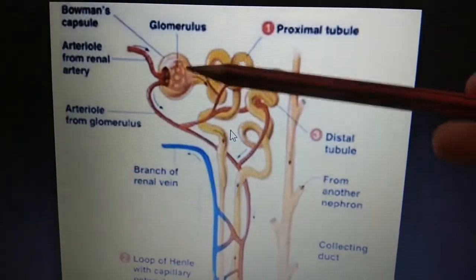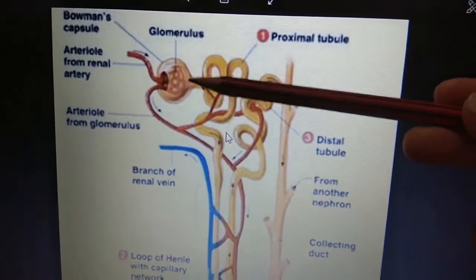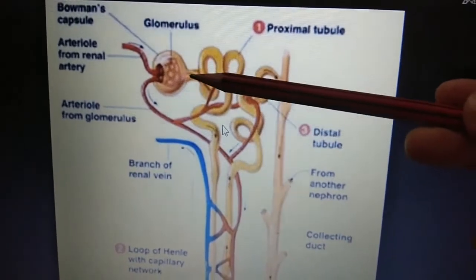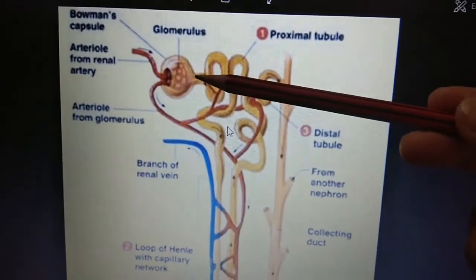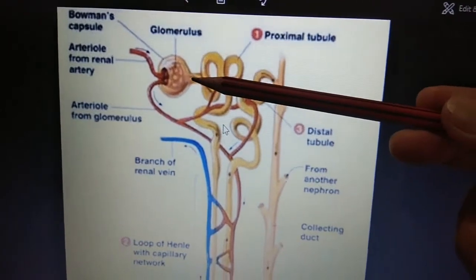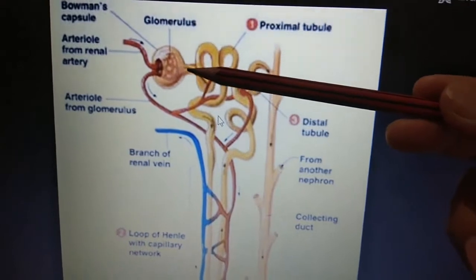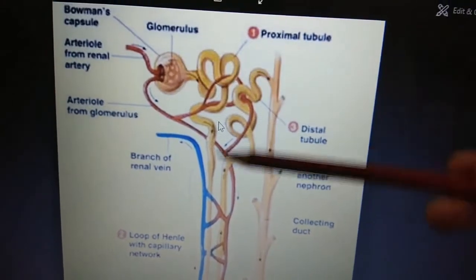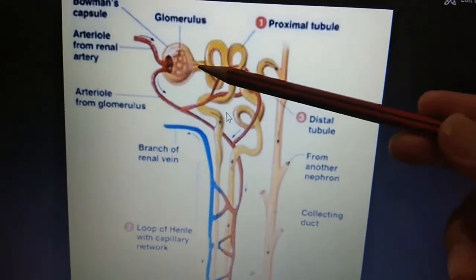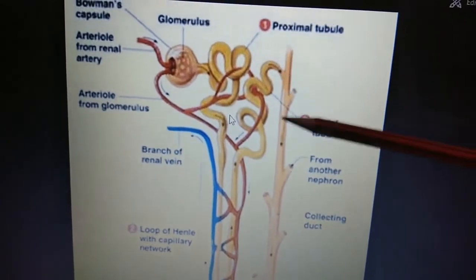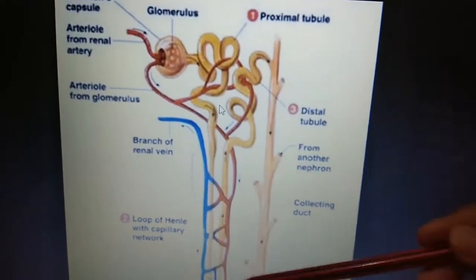The blood that is filtered from the Bowman capsule and glomerulus is known as filtrate. This filtrate contains sodium, potassium, calcium ions, also vitamins, glucose, urea, creatinine and other substances. So the reabsorption process takes place in the tubular part.